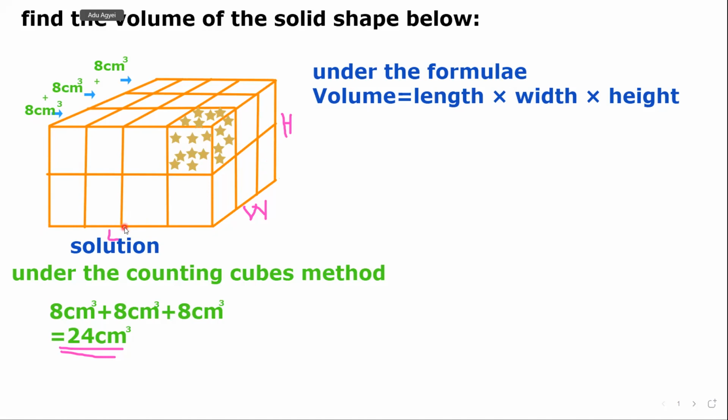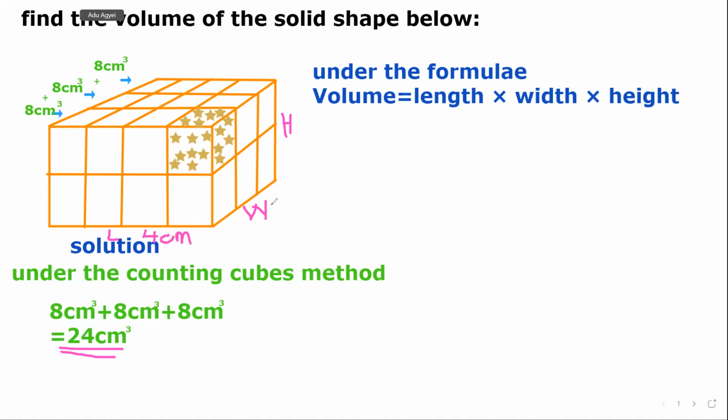So you count the divisions of the length here. The length here has been divided into 1, 2, 3, 4. So the length is 4. Then you write the length, which is 4 centimeters.